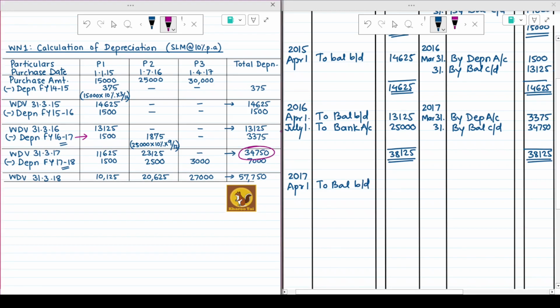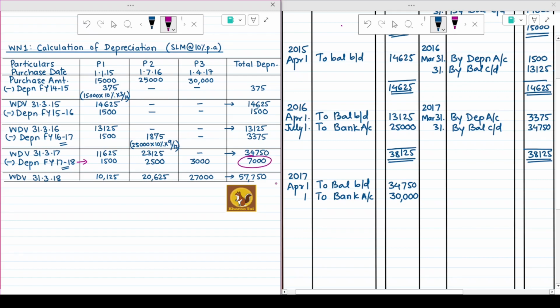We had this amount here also, 34,750. And then in the last year, we have purchased another plant on 1st April 2017 for 30,000. So the entry will be on the same day, 1st April 2017 to bank account. We have assumed that we have paid through bank. The amount is 30,000. There are no other entries other than depreciation. So on the last day, we will pass this depreciation entry.